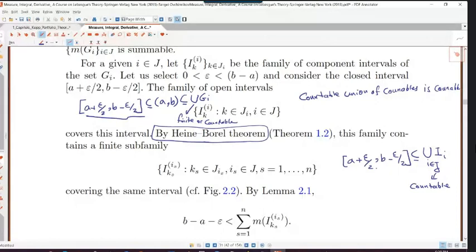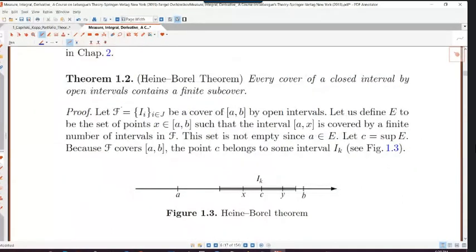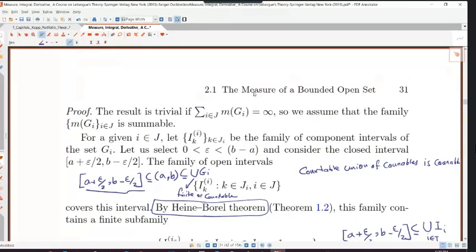Okay. Heine-Borel theorem says that this closed interval could be surrounded by a finite union of these intervals. Let us check theorem 1.2 again. The Heine-Borel theorem says that every cover of a closed interval by open intervals contains a finite subcover. Okay, contains a finite subcover.